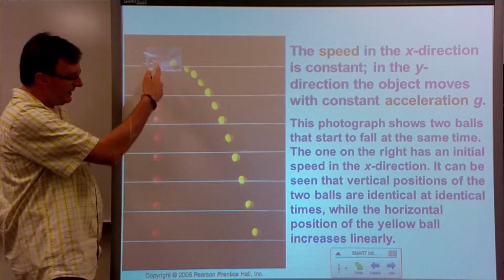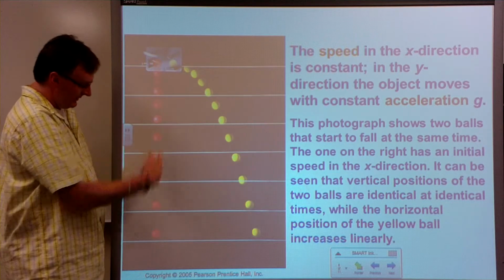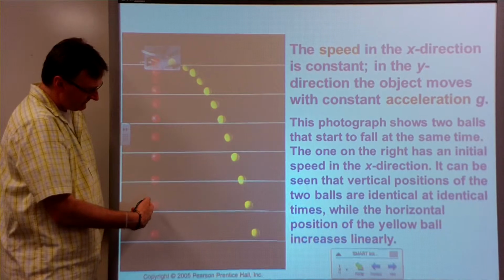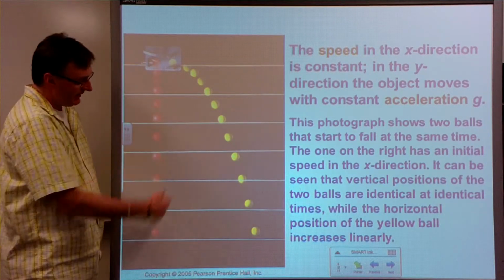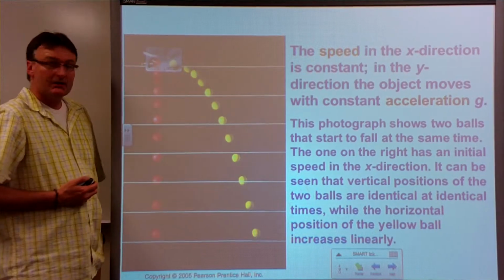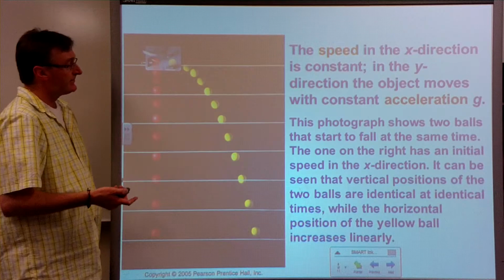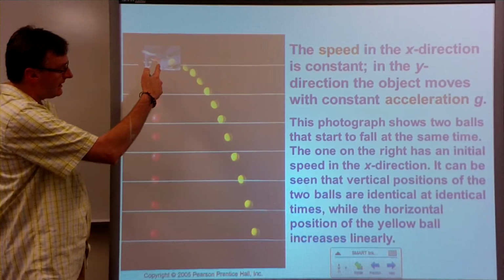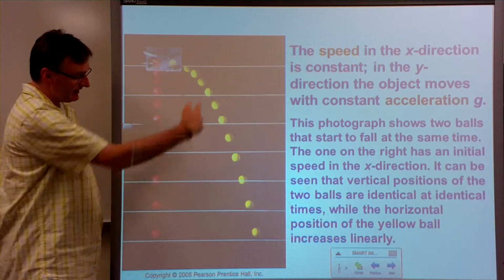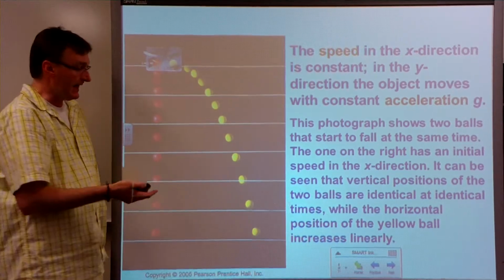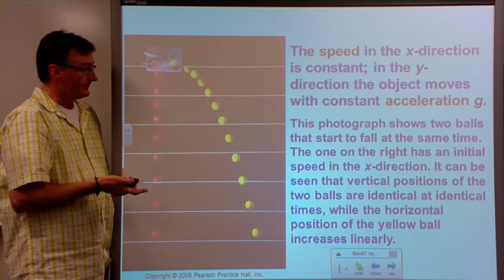And you can see that the red and yellow balls are at the same height at each of the images. What that's illustrating is that in the y direction, the objects are always in the same place. They will always be at the same height at any given time.